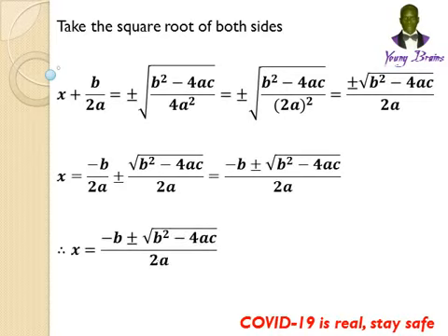Therefore, the solution to the equation ax squared plus bx plus c equals 0 is x equals minus b plus or minus square root of b squared minus 4ac divided by 2a.